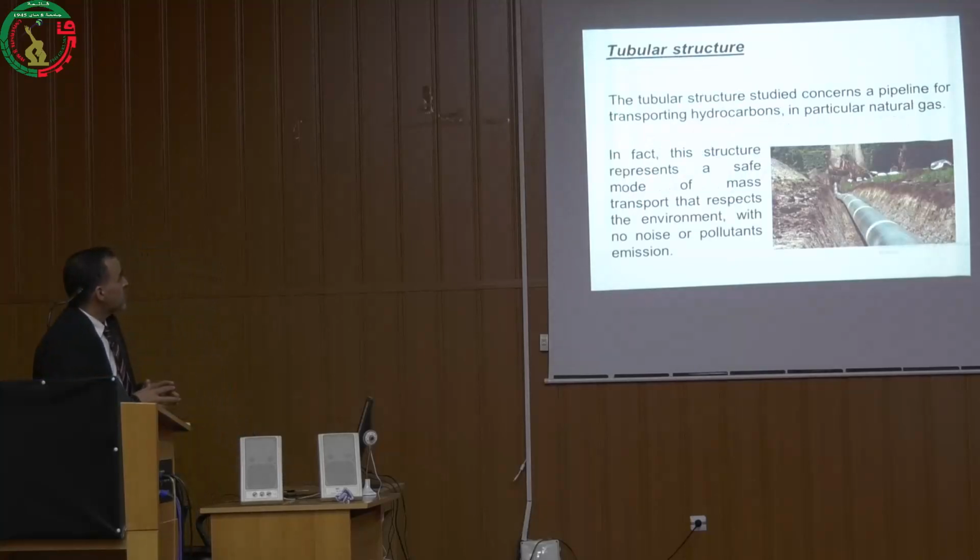In the following work, we'll try to answer this question by considering a tubular structure and a specific material. The tubular structure studied here is a pipeline to transport hydrocarbons. In fact, this structure represents a safe mode of mass transport that respects the environment, with no noise or pollutant emission.